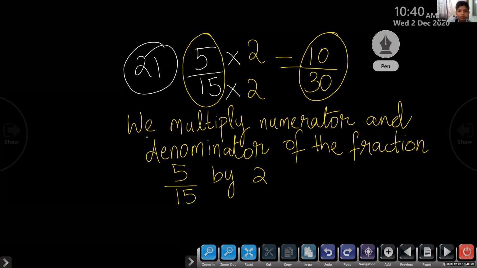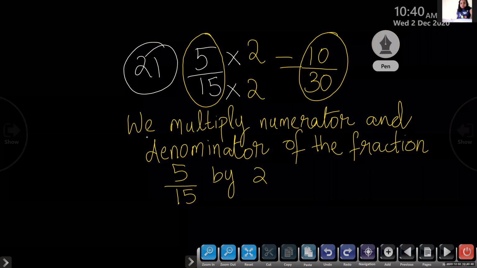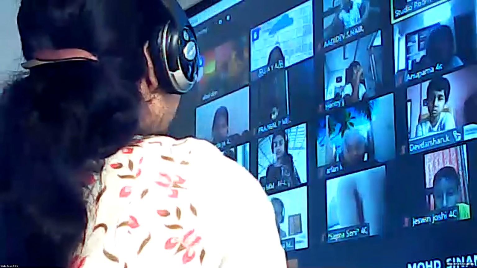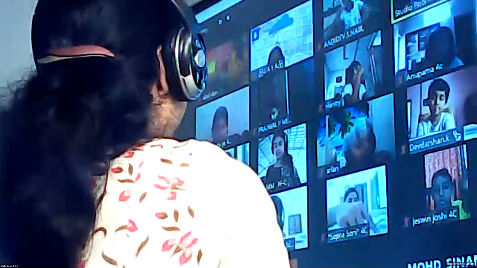Divided by 2. 2 into 2, 1, 2 into 1, then 2, 4, 6. There is no 5 in the table of 2.